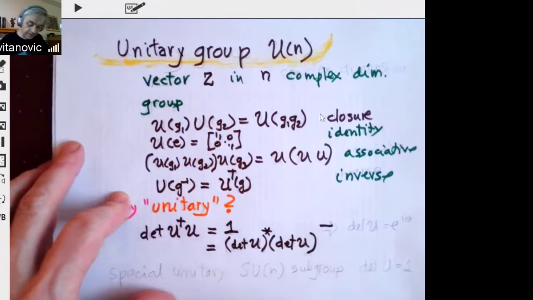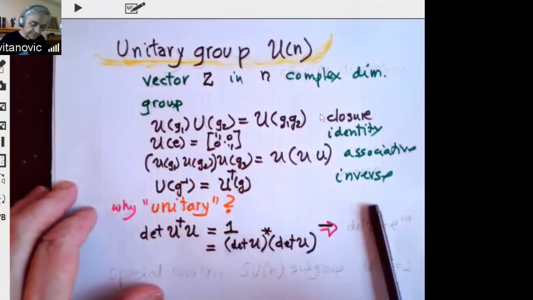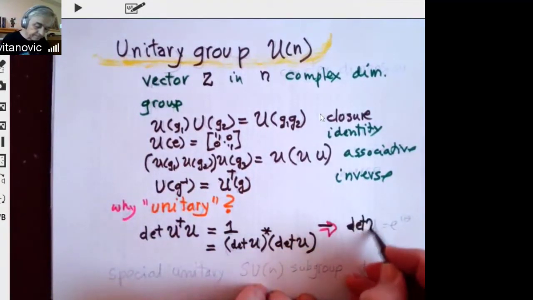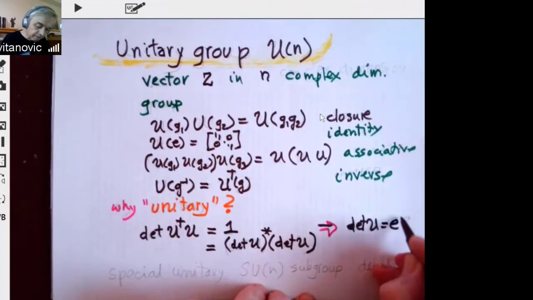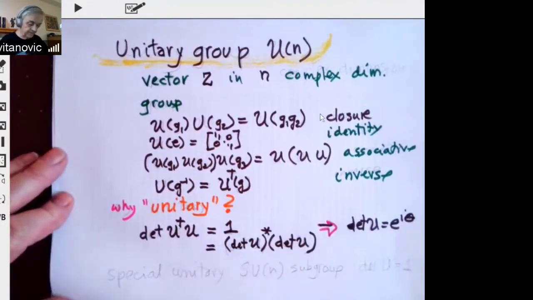So this number cannot be anything else than a complex number whose modulus or length is 1 and is a pure phase.